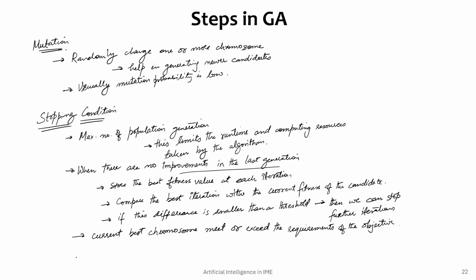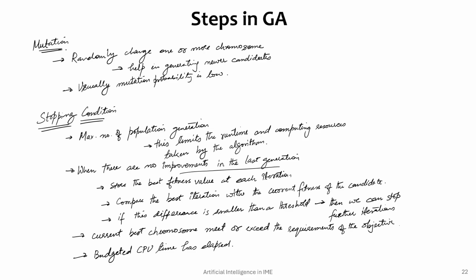Okay, or we can stop this algorithm when the budgeted CPU time, that is the allowed CPU time, has elapsed. Okay. So based on this complete flowchart and its individual steps, we can create a scratch implementation of the genetic algorithm for any kind of problem.